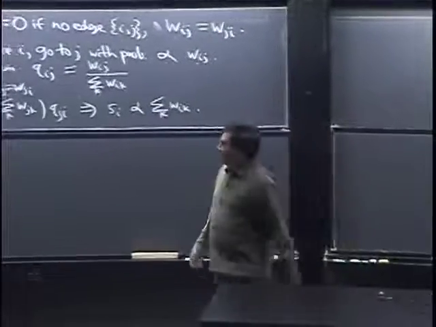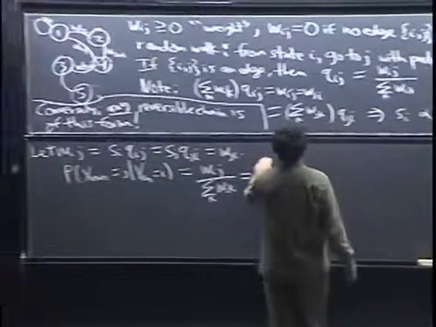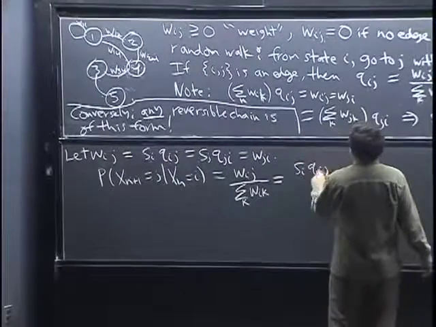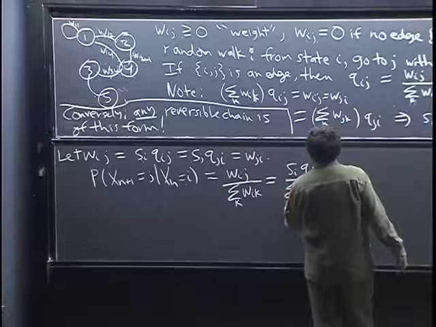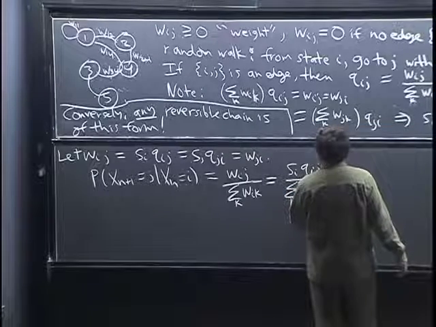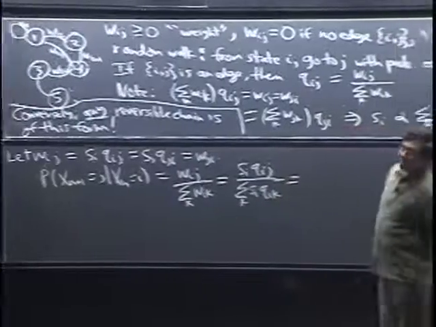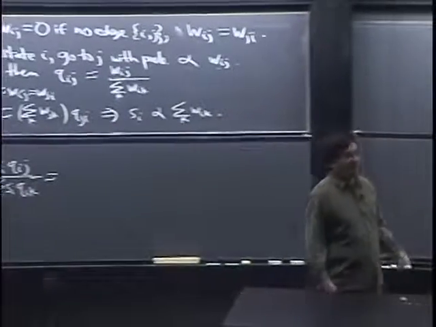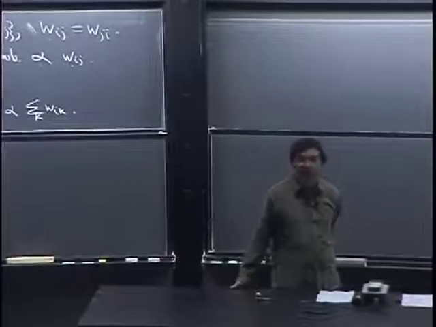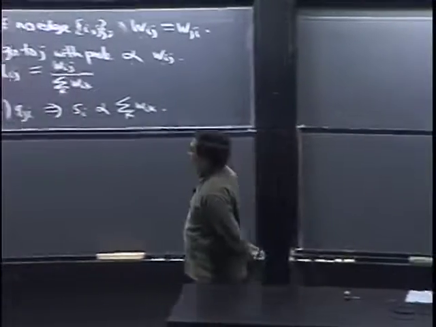Now, if we plug in the weights, Wij is Si Qij, and we divide by the sum of Si Qik. I'm just plugging in how we defined the weights. Now let's simplify this.